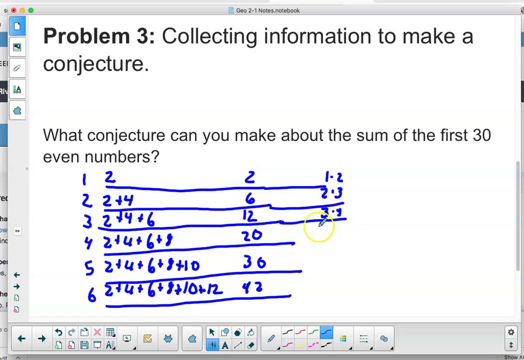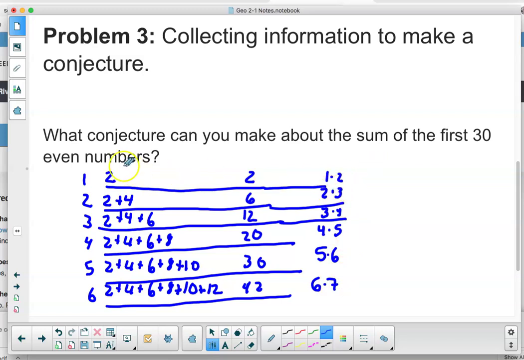My fourth one is 4 times 5. You starting to see this? Is 20. My fifth line, if I just multiply 5 by 6, I'll get 30. So my first 6 even numbers will sum to 6 times 7, which is 42.